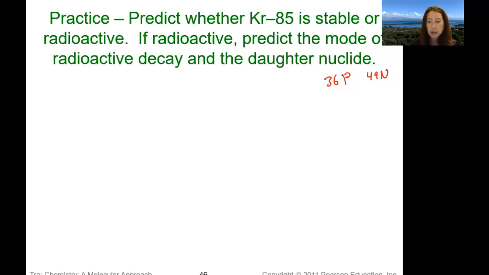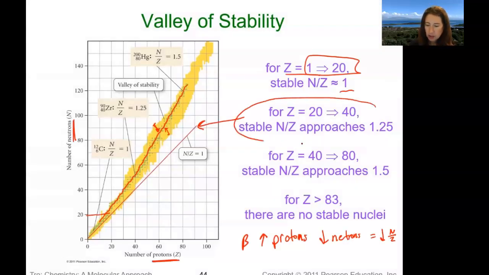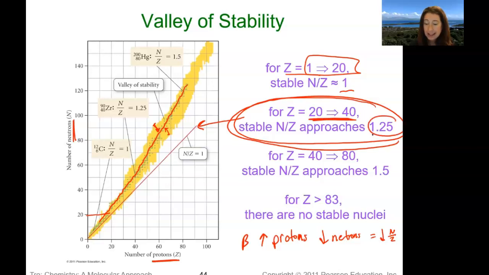Remember, krypton is 36, so it's between 20 and 40. A stable, non-radioactive nucleus, one that doesn't need to decay, is going to be 1.25. That's what we're looking for, 1.25.